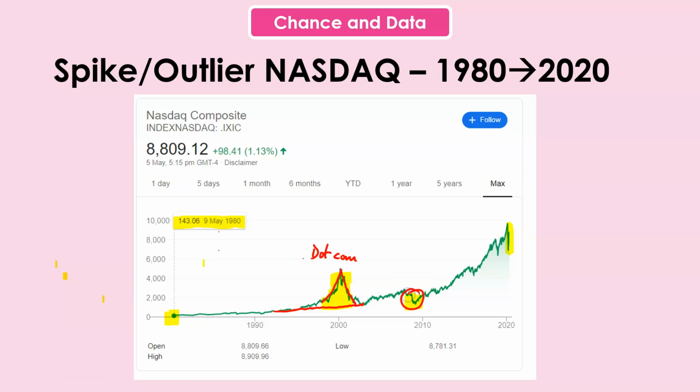So this trough was the global financial crisis that was around 2009, which caused a lot of problems for a long period of time. And this drop here is for the GFC, and this one is obviously for COVID.